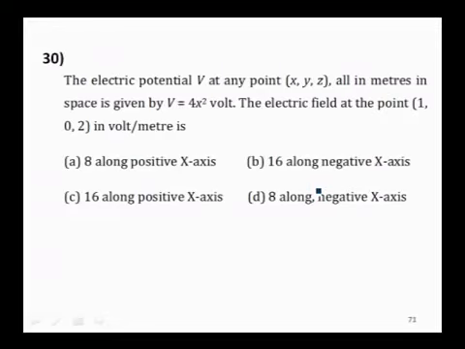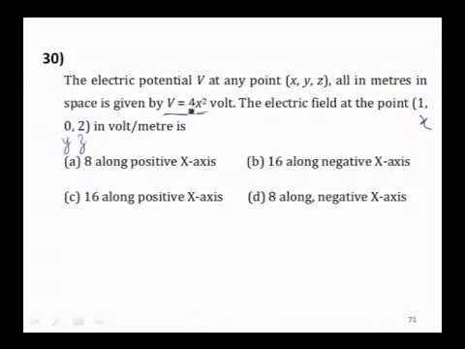Then going further to question number 30, electric potential at any point, all in meters xyz, is given by this. Electric field at 1, 0, 2. So, this is x, y, z coordinates of a point. So, notice that a potential is varying only in the x direction, and therefore, electric field should be only in the x direction, y and z direction it should be constant.